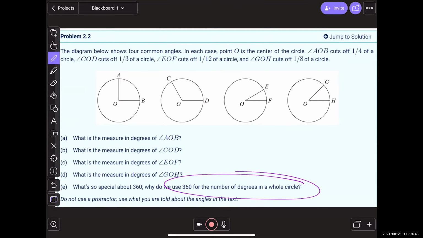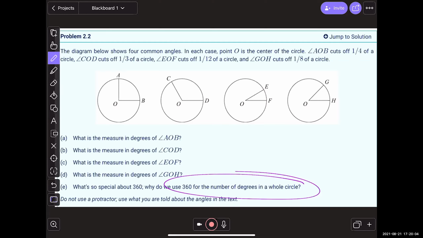Now, if we take a look at these examples here, we can see that in this first example, AOB takes up a fourth of that 360 degrees. Isabella, you answered a question already. So Gracie, for angle AOB here, what is that angle measurement going to be? 90. 90, right?